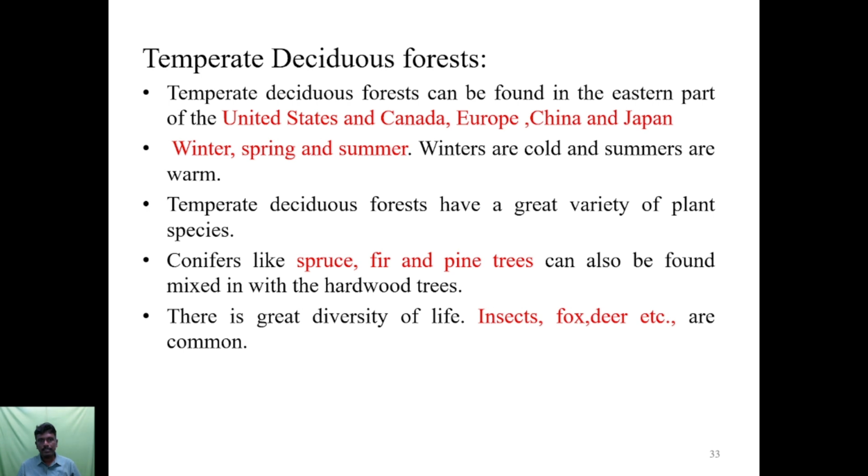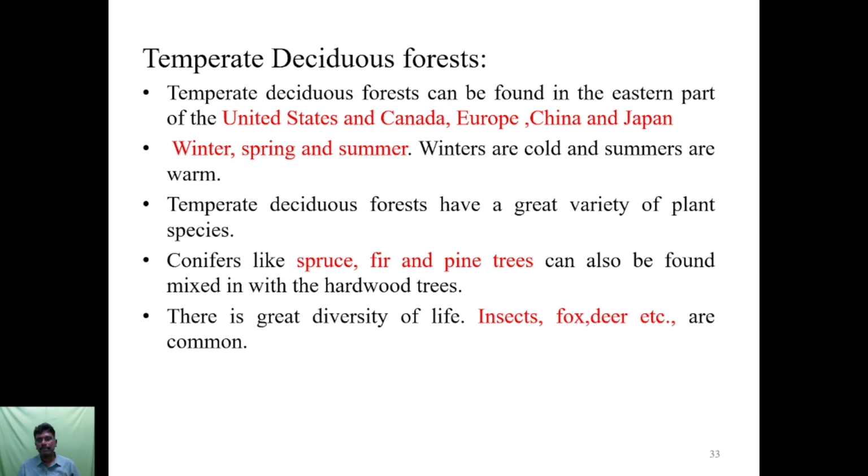Then temperate deciduous forest. These forests can be found in the eastern part of the United States and Canada, Europe, China and Japan. Winter, spring and summer are the climatic conditions. Winters are cold and summers are warm.